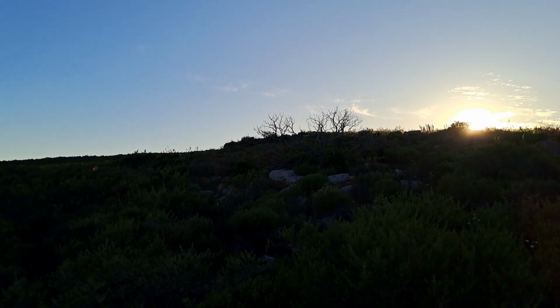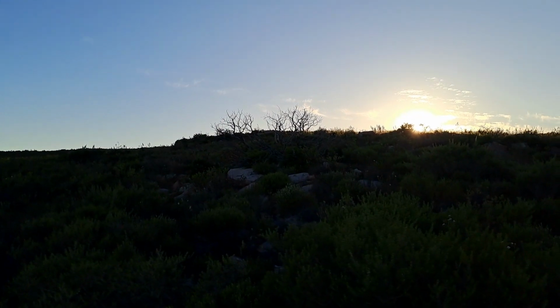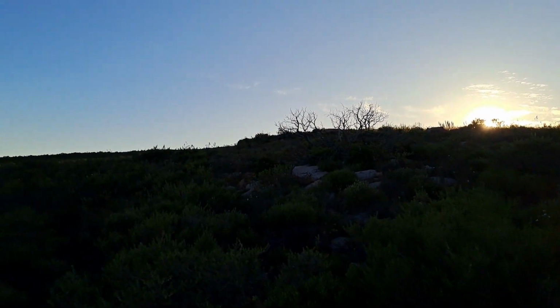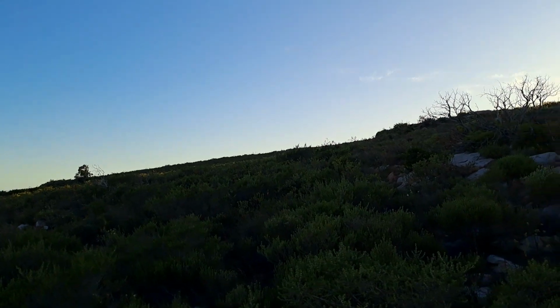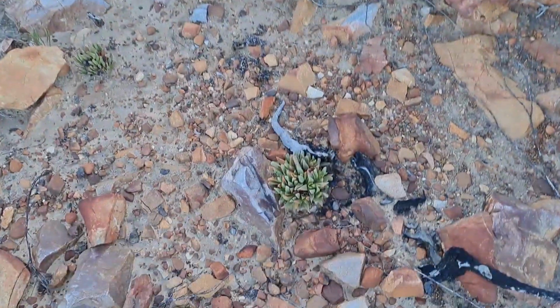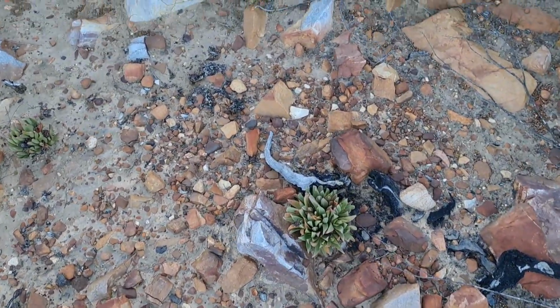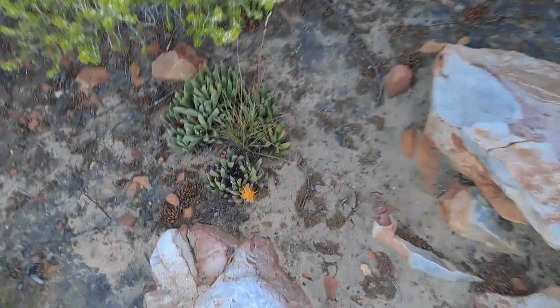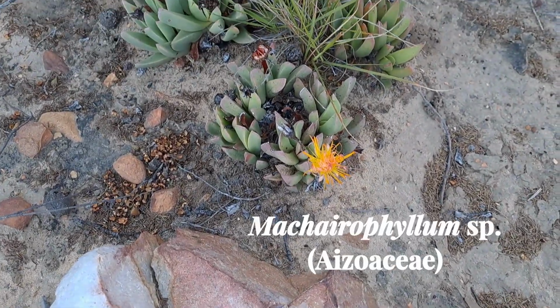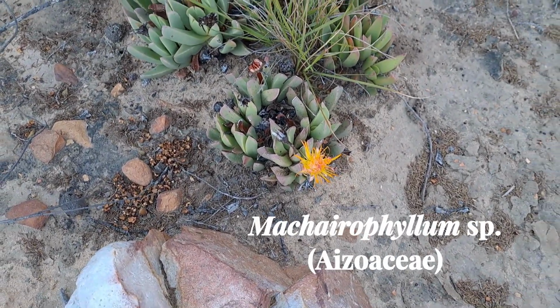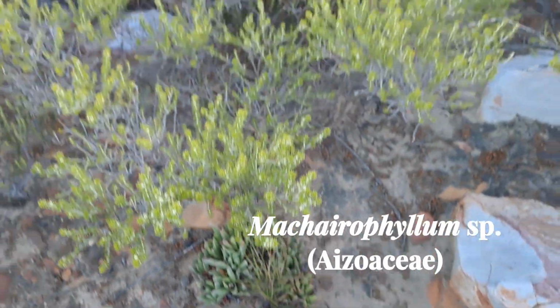It'd probably be a Loxostylis. I think there's some resprouts there. You won't be able to see because of the light, but it looks like a Loxostylis. We have a Machaerophyllum. Here's one with some flowers. Machaerophyllum, we see them on the rocky slopes here. Another fakie.